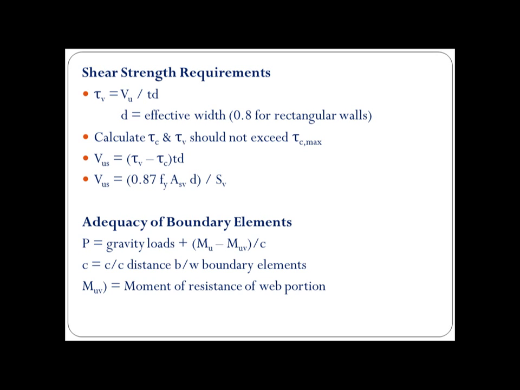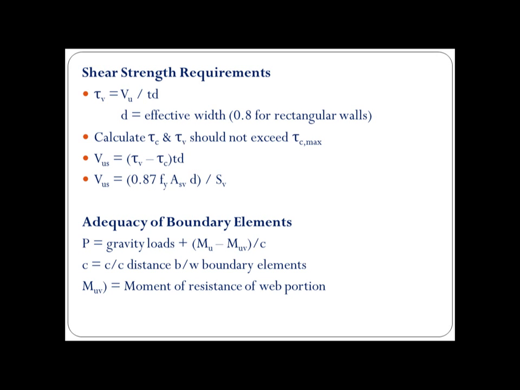In case of boundary elements, we consider the gravity loads, that is the total axial load acting on the boundary element. A boundary element is nothing but a short column, designed as a short column. The gravity loads that come to that part we calculate as per the proportion of that area, plus or minus.